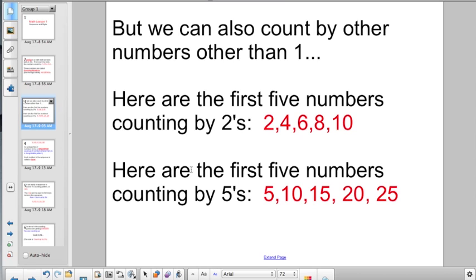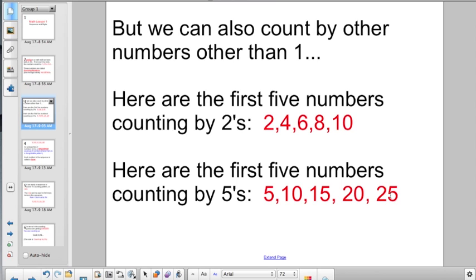Same thing here if we were counting by 5's. You'd start with 5, add another 5 to it would give you 10. If I added another 5, that would be 15. If I added another 5 to that, 15 plus 5 more is 20. Add another 5 to that, 20 plus 5 more, that should give you 25.